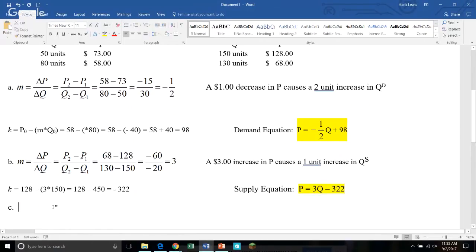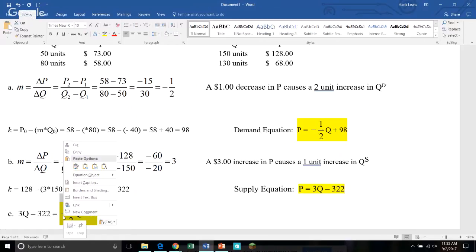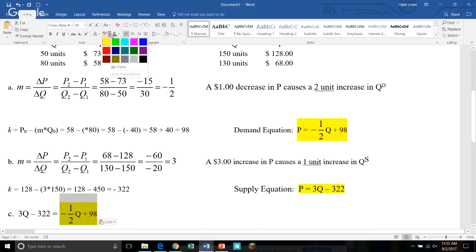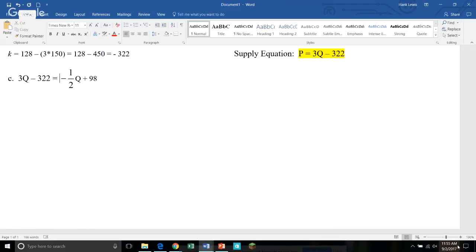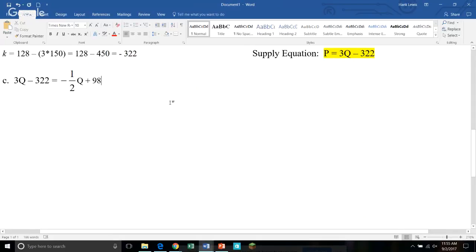I'm going to start by writing 3Q minus 322 is equal to, and I'm going to copy this and remove the highlighting from it. Control C, Control V, and then no highlighting. And done. Okay. So what I'm doing over here, let me scroll up and zoom in on this, is I've set the supply equation equal to the demand equation.